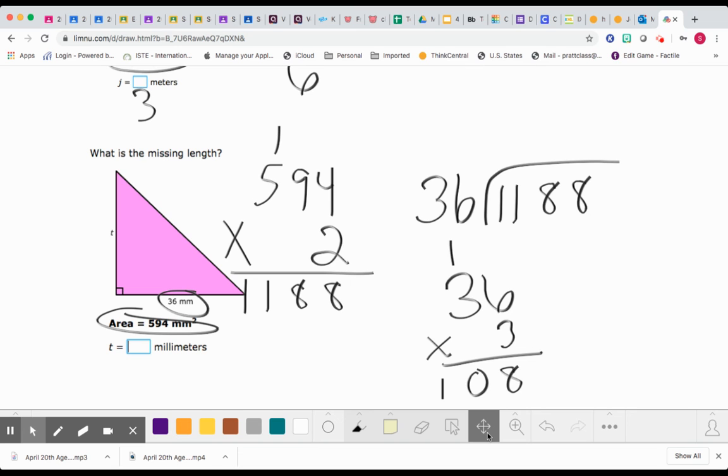So we have 108 if we did 36 times 3. If we went to 36 times 4, it's going to be too big, because you're adding another 36 to the 108. So we're going to stop with 3.